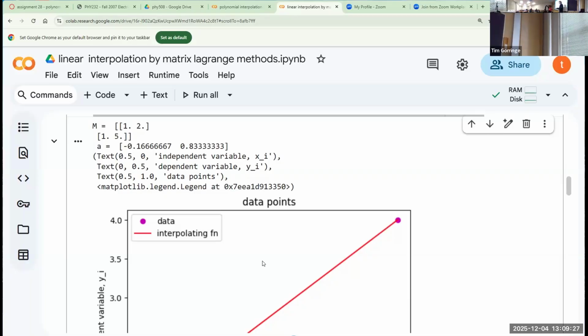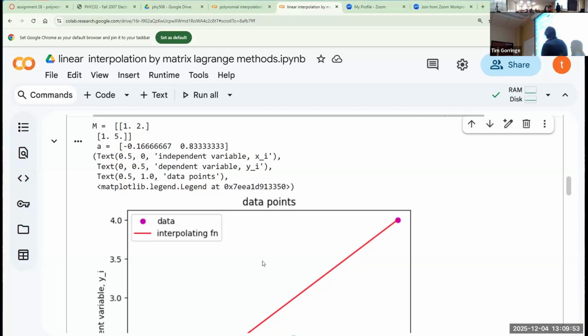Not much to look at here: the first column is the 1s, and the second column is the first power of x, just the xi's, which were 2 and 5. We just constructed it out of our xi.